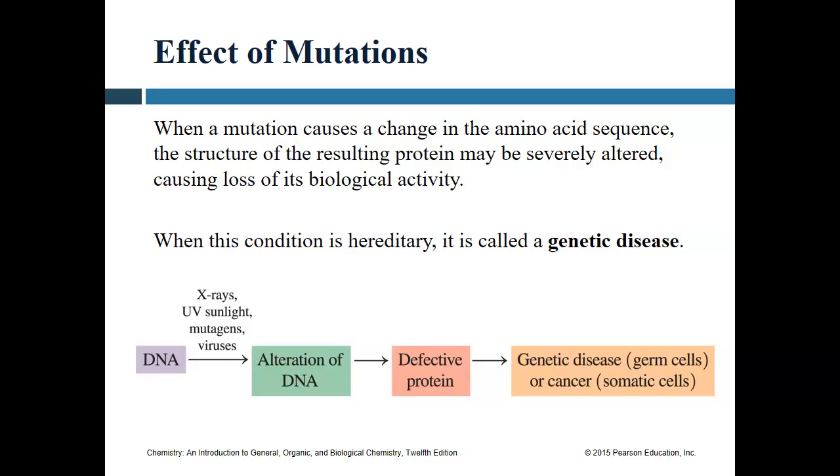That's going to alter every single other cell that comes from that fertilized egg. Now, in somatic cells, not inside of your reproductive system, but anywhere else, that has the potential for cancer.